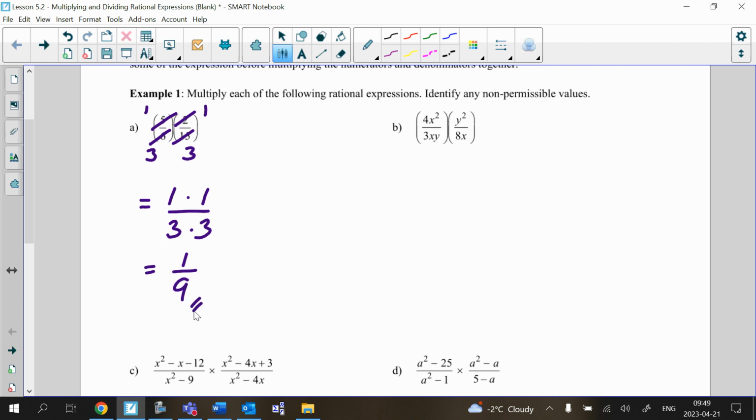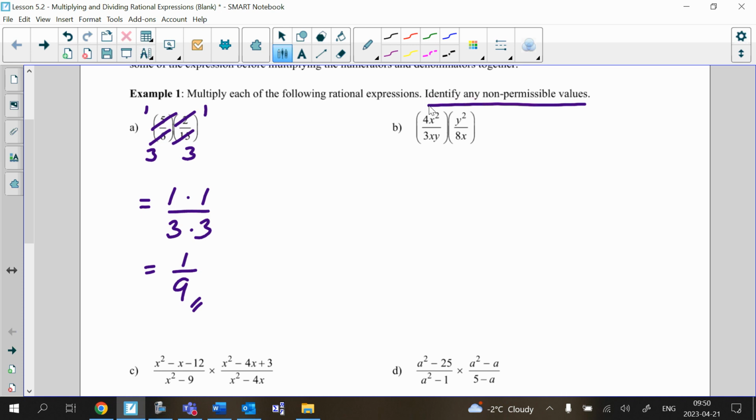So you do the same things when variables are introduced, okay? You reduce, and then you multiply the numerators, and then you multiply the denominators. Except we have to do one extra thing with algebraic fractions or rational expressions that have variables. First of all, I have to identify any non-permissible values. What values of x would make any of the denominators 0?